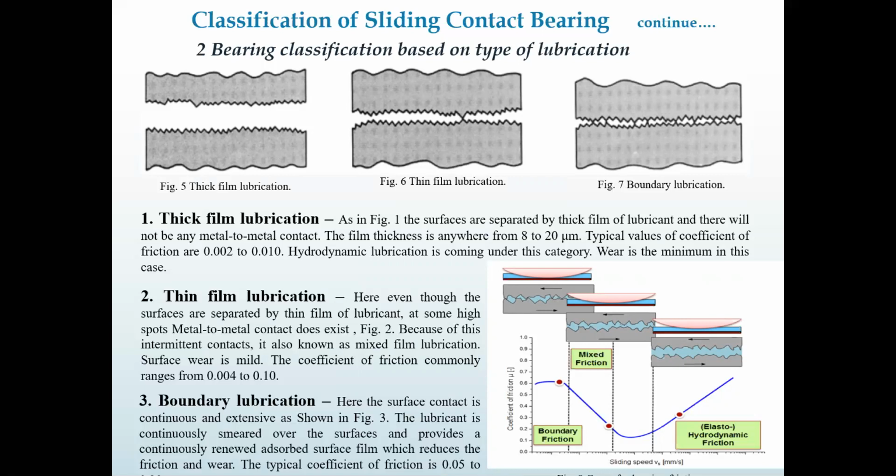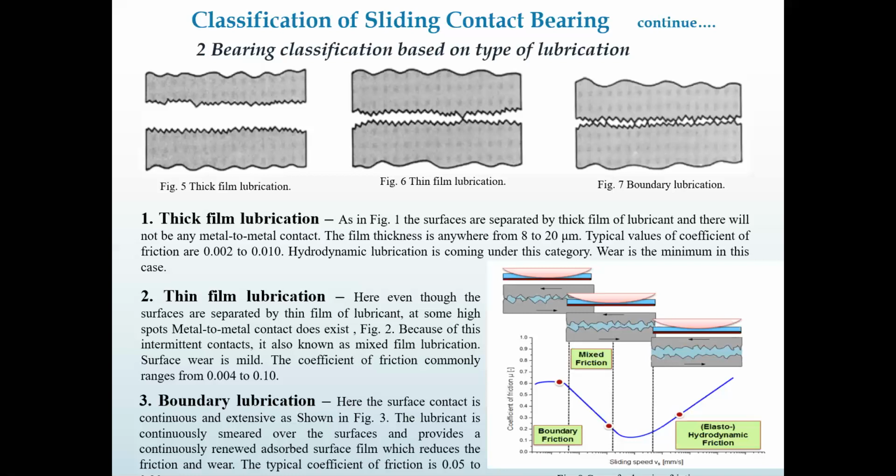Next one is the thin film. In figure number 6, the thin film lubrication cross section is given, so you can directly get the idea. Here, even though the surfaces are separated by a thin film of lubricant, there is metal to metal contact at the high spots.